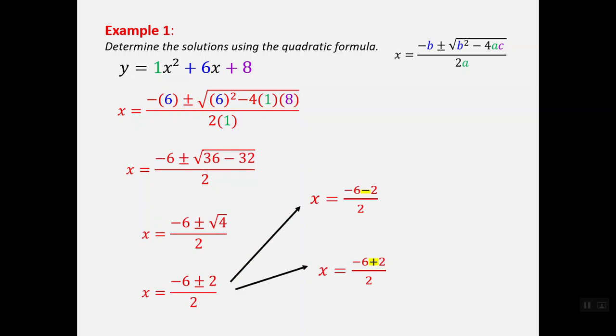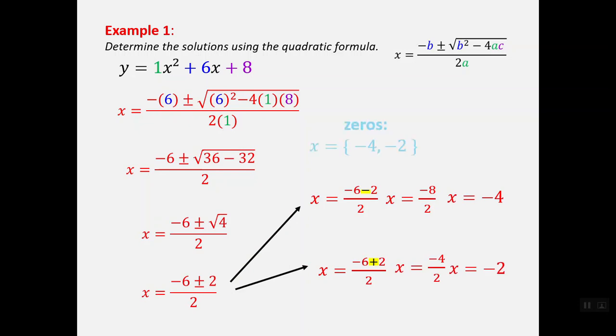Now, it doesn't matter which one we write first or second. We just need to have both of them, a minus version and a plus version. So now if I simplify that first equation, we get negative 8 over 2, which is equal to negative 4. Simplifying the other one, we get x equals negative 4 over 2, which comes out to be negative 2.